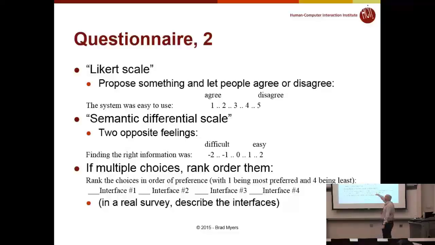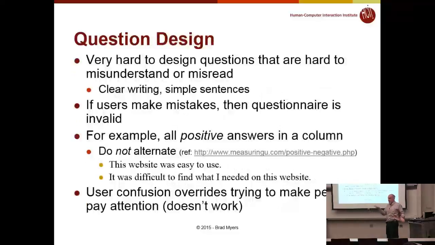So if I said, the system was easy to use, agree to disagree, the documentation was confusing, agree to disagree, well, then they're supposed to switch to the other side and disagree that the stuff was confusing. And what tends to happen is people don't read too carefully, and after they read the first one, it's like, yeah, I really love this, and they'll just circle all the answers on the same side without reading carefully enough to notice that they're supposed to go back and forth.